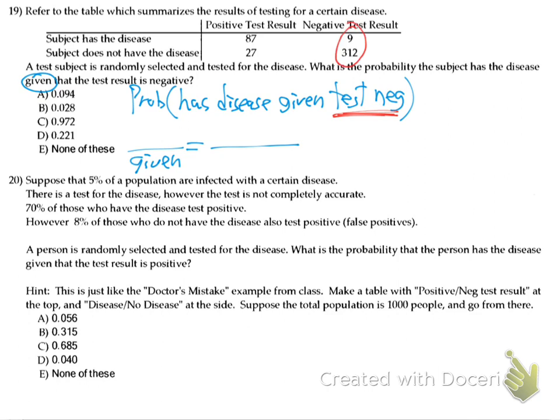Whatever 9 plus 312 is. 321, yeah, right? We know we're talking about those people because those are all the people that had a negative test result. They're giving us that it is one of those people. What's the probability that they have the disease?